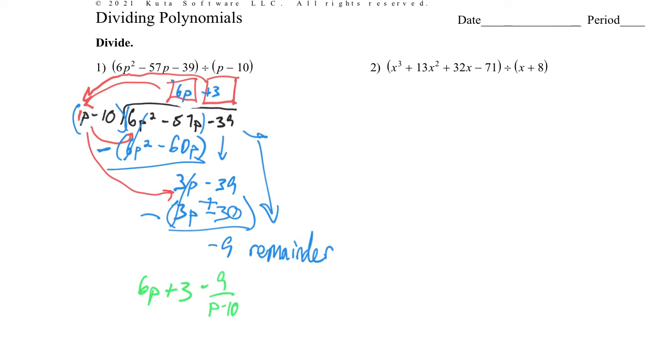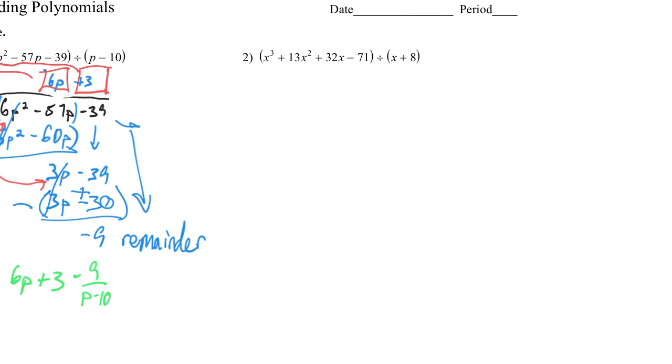All right, so let's do one more. First rewrite it, so we have x cubed plus 13x squared plus 32x minus 71. Put that inside of your division bar and put x plus 8 on the outside. So the first thing you want to ask is what number times x gives you x cubed?